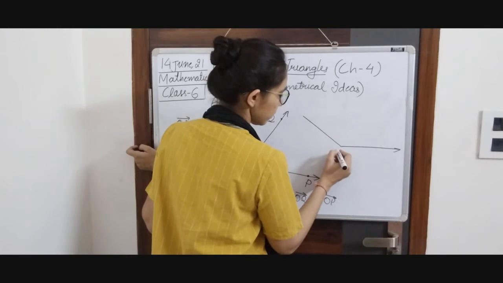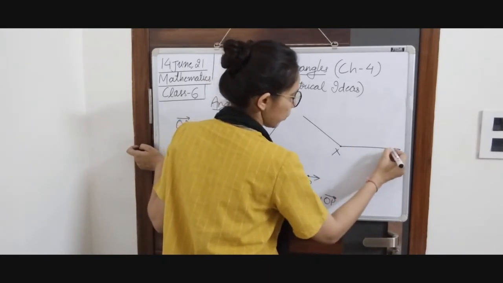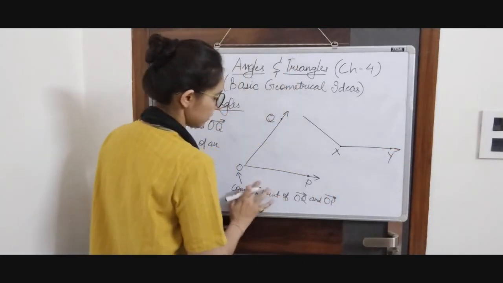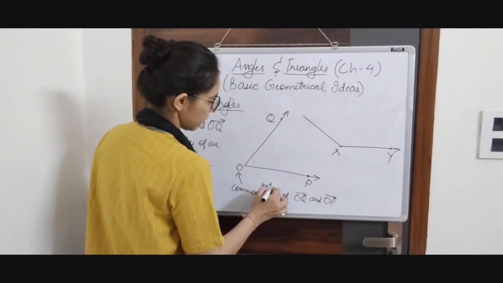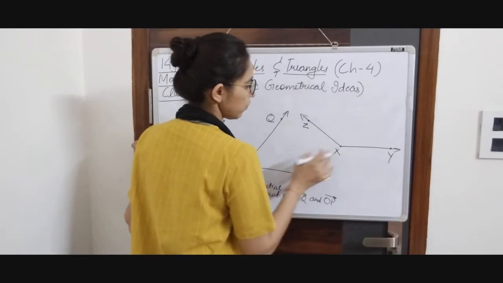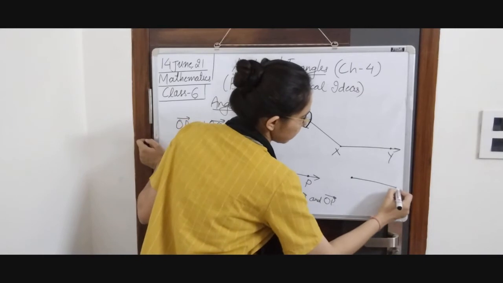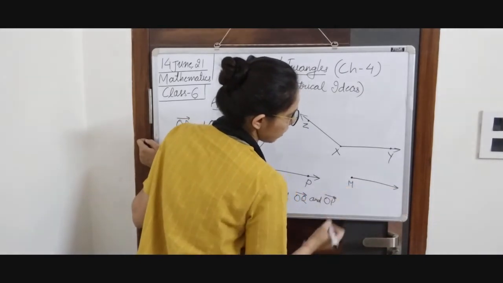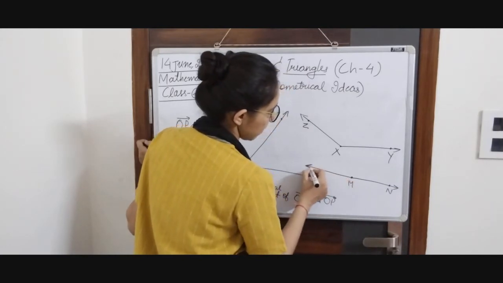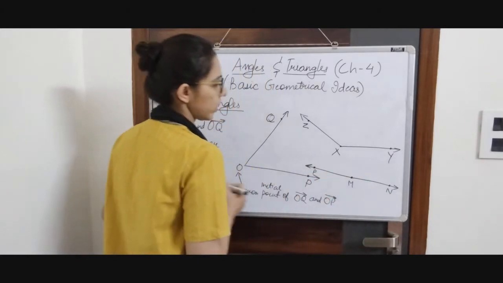Suppose we name it X as the common starting point, and this is Y, and this is Z. This is also an angle. If we have rays like this, suppose we name them M, N, and here P, this is also an angle.